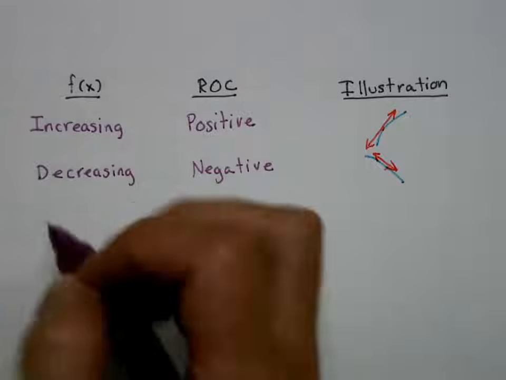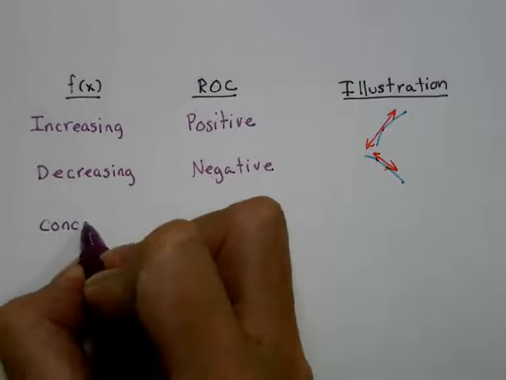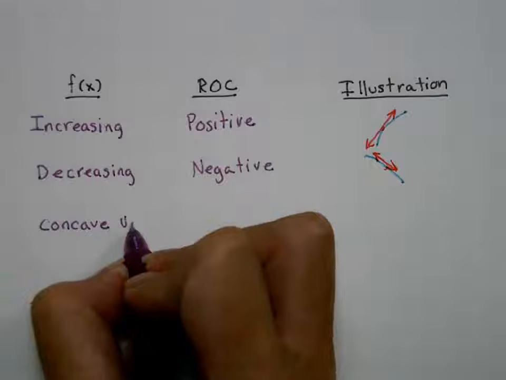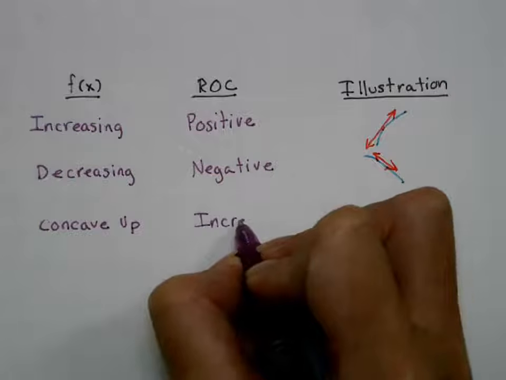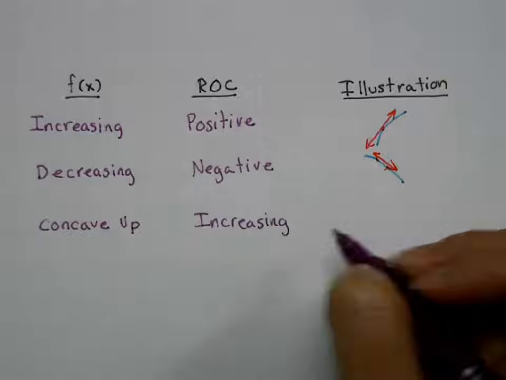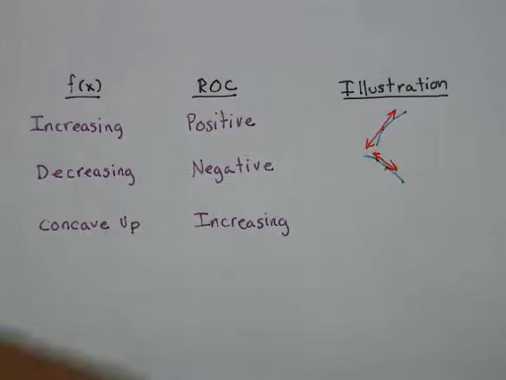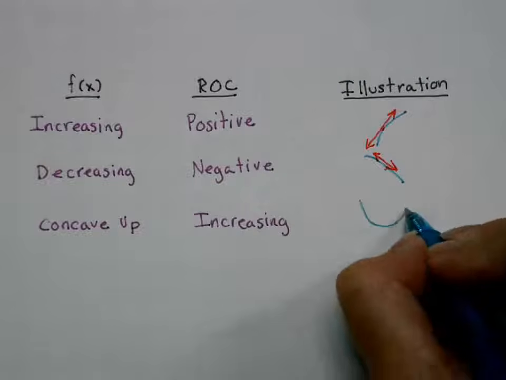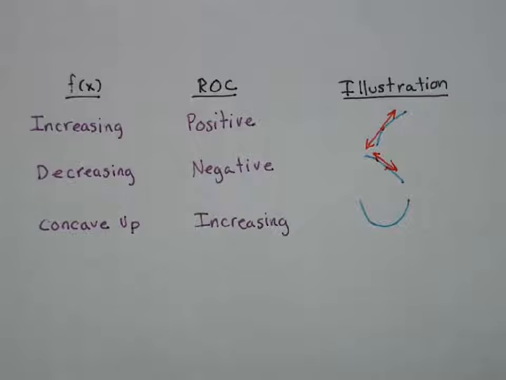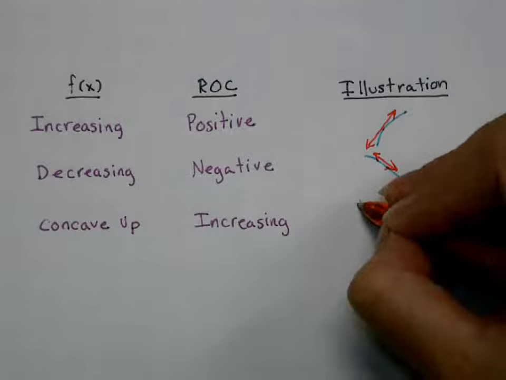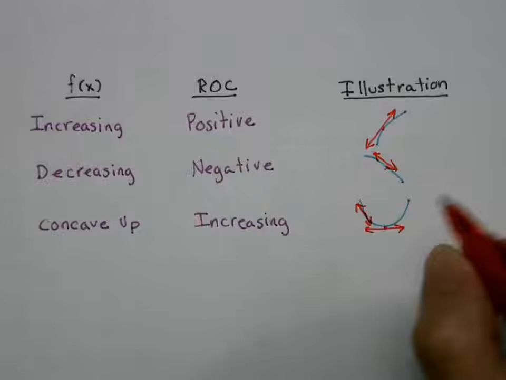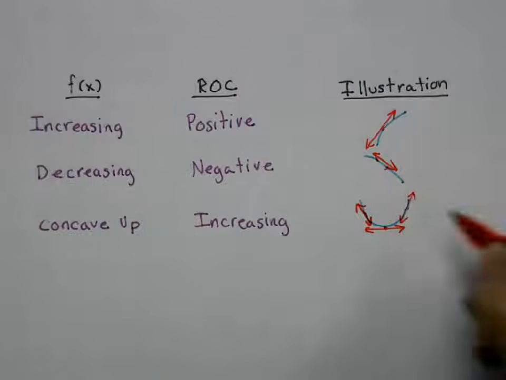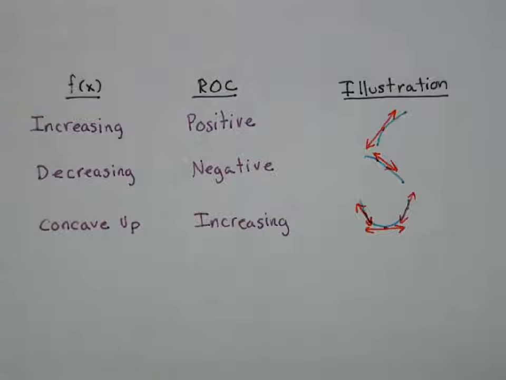If our graph is concave up, then my rates of change are increasing. So if I have a concave up graph, if I have a rate of change here, we're going from a negative to a 0 to a positive, and this can occur on a strictly increasing or strictly decreasing interval as well.